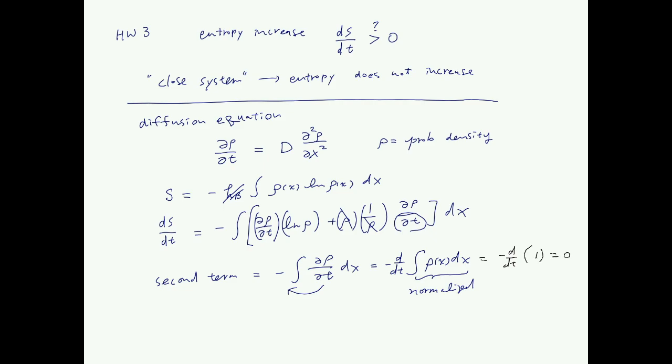If you take a time derivative, it should be 0. So about the second term, that vanishes. Now the first term, it has a diffusion constant.